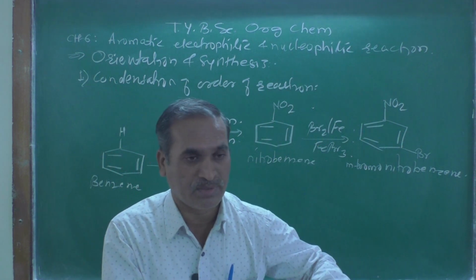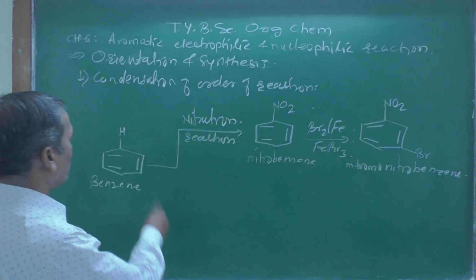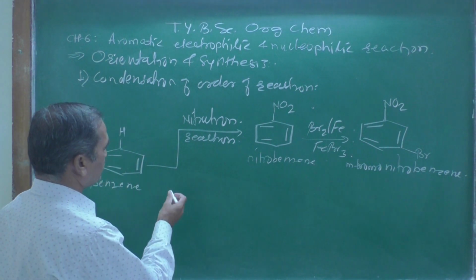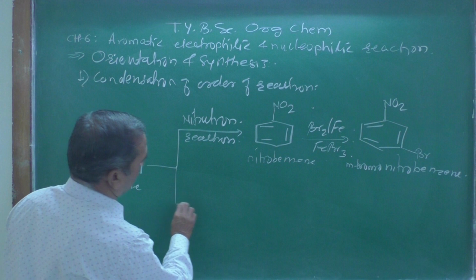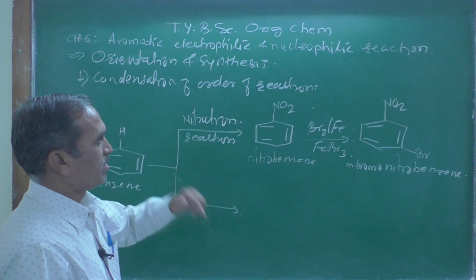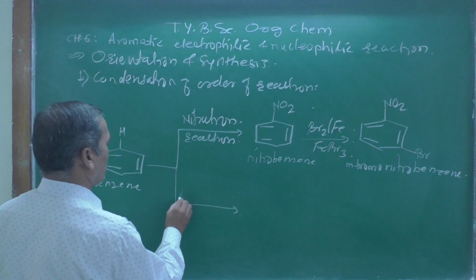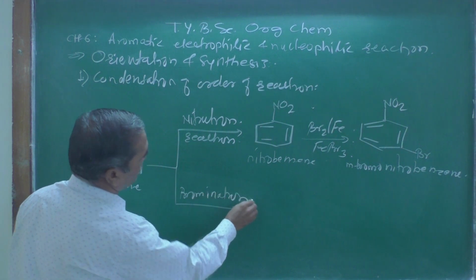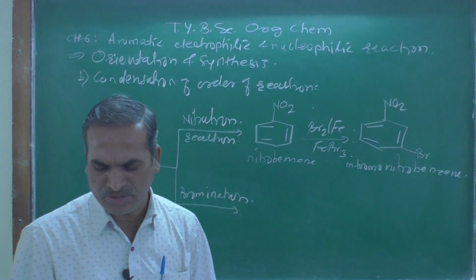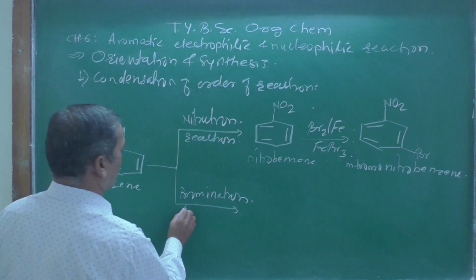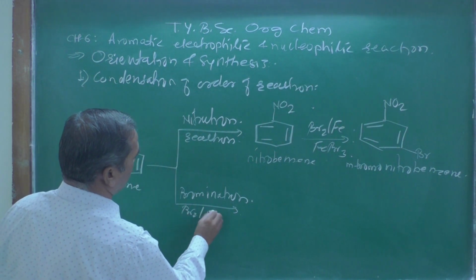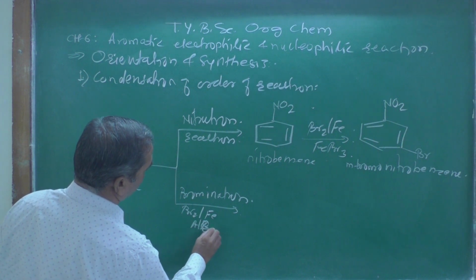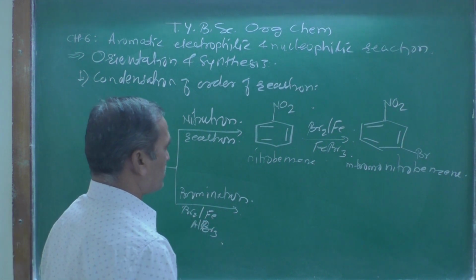accordingly he can follow the steps. Suppose the same reaction is carried out, but the first step is a bromination. As we know, bromination uses Br2 in the presence of FeBr3 or AlBr3, which is a Lewis acid.